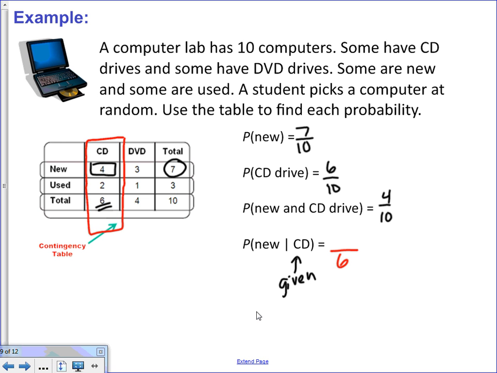What's the probability within that 6 that it's new? 4. So there's an example of a conditional probability where, based on the condition, we're not going out of 10 computers anymore. We're going out of those 6 that have CD drives. And we could certainly reduce these.